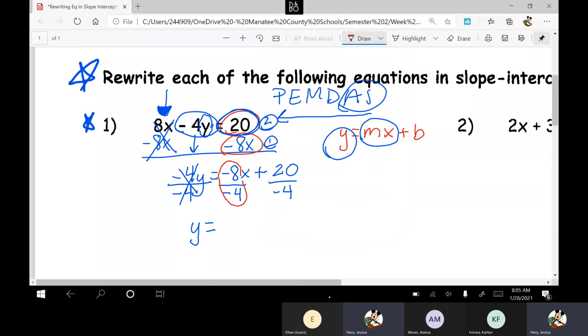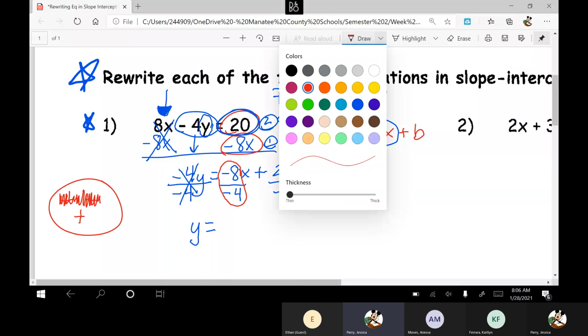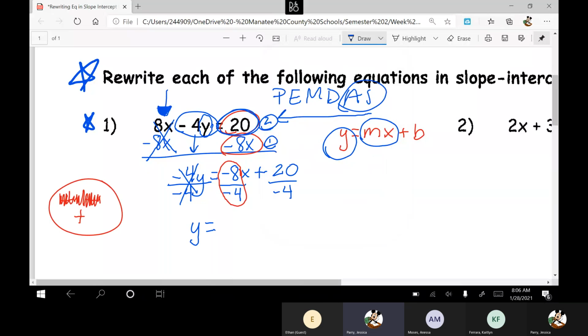Our first one: what is -8 divided by -4? A negative divided by a negative is positive, and 8 divided by 4 is 2. Then just bring down that x. Don't lose it. It's part of our equation.